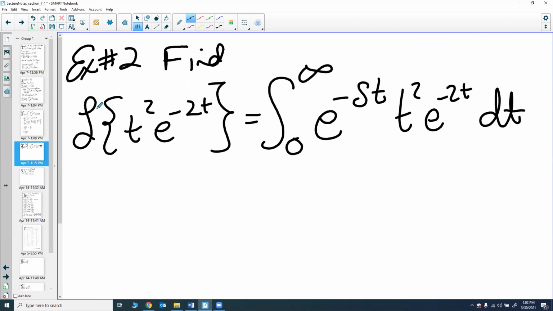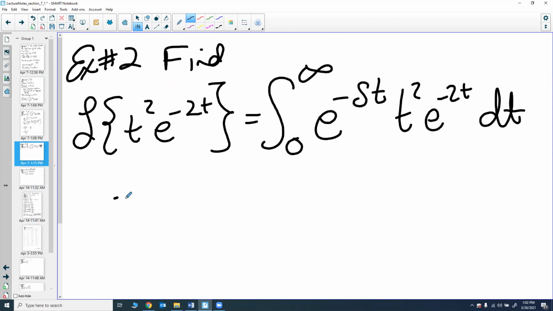Let's find the Laplace transform of t squared e to the minus 2t. That, of course, is the integral from 0 to infinity of e to the minus st times t squared e to the minus 2t dt. Whatever's inside your braces here is what you're going to multiply e to the minus st times inside your integral.